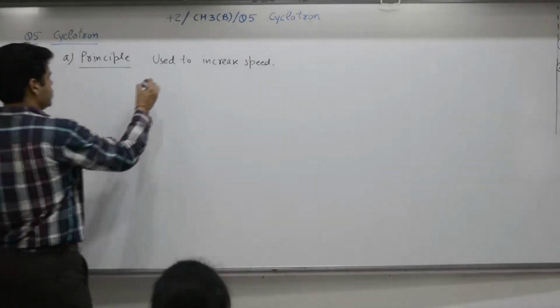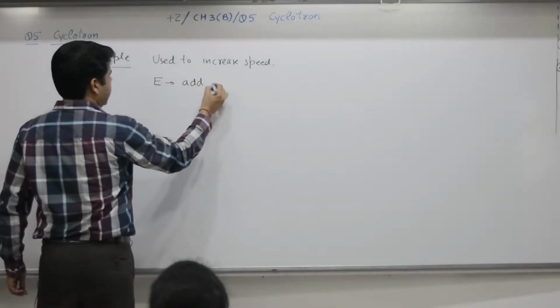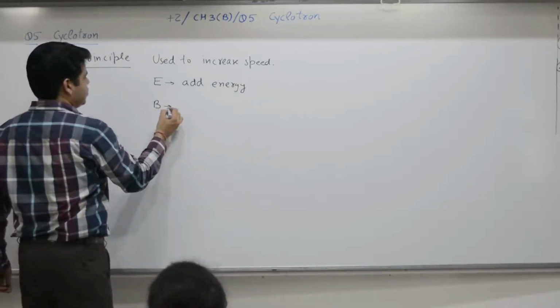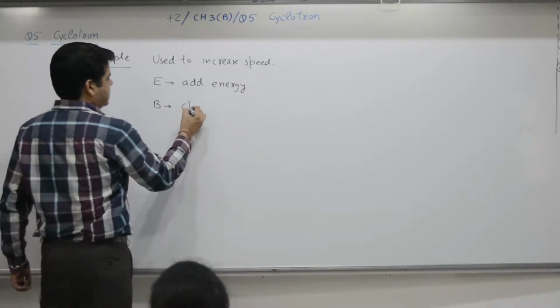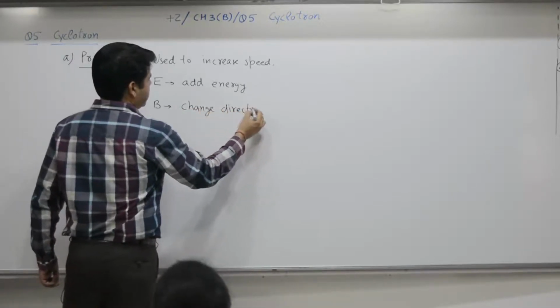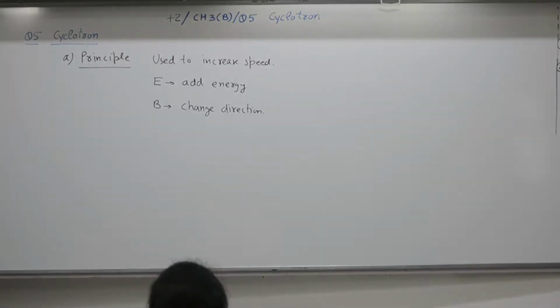E will be used to increase speed, or you can say electric field will be used to add energy. Magnetic field will be used for what purpose? Change direction. It will set the particle in a circular motion. So both E and B are used in rhythm to add energy to the particle.